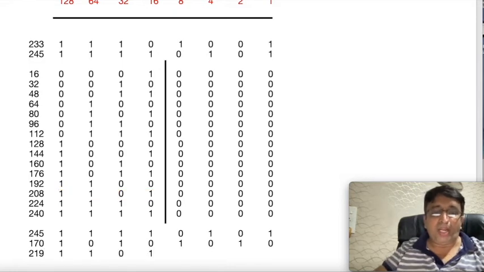So this is 208 for me. Ahead of 208, how much further do I require? You can already calculate it. 208 plus 10 is 218, plus 1. That is 11 I will require. So 11 is 8 plus 2 plus 1. This is the binary of 219.